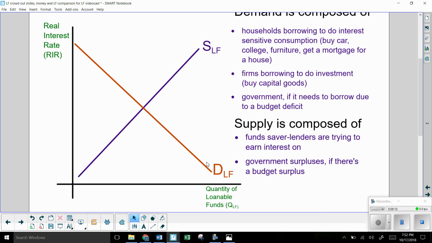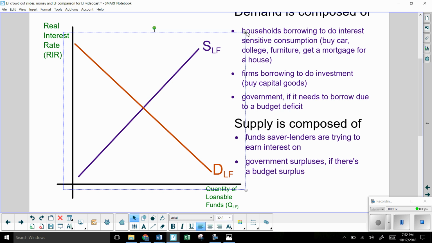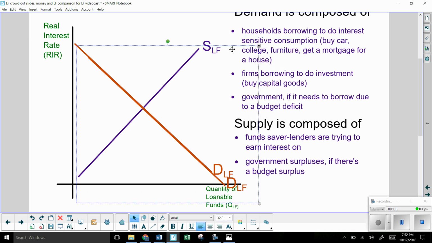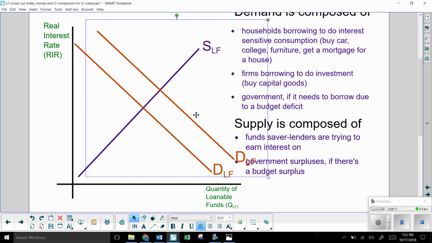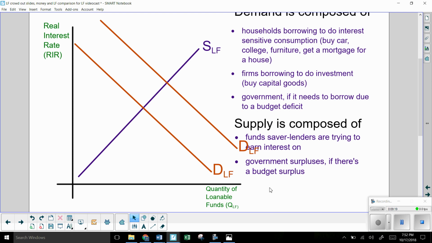And then, of course, if there was an increase in investment demand, that's just more businesses wanting to borrow more money because maybe they think economic conditions will be more favorable in the future. Well, now DLF1 shifts right to become DLF2. Here's our shift. We have a lower R1 interest rate and now a higher R2 interest rate, and you can tell the interest rate goes up.